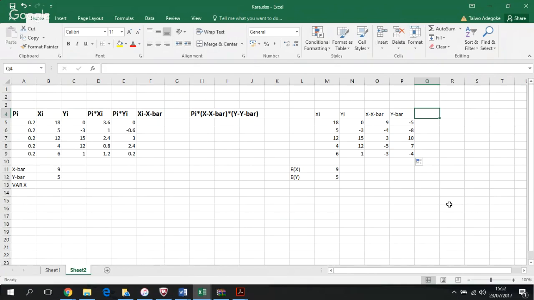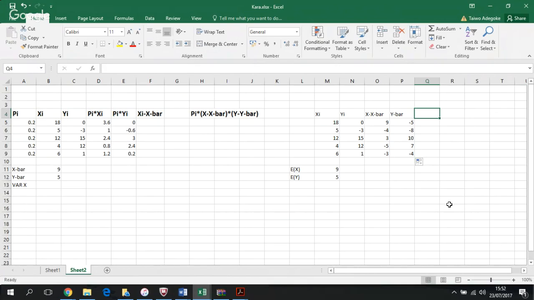All we need to do is use that formula you read: x minus E(x), times y minus E(y), divided by n minus 1. And that n minus 1 is telling you that it's a sample.